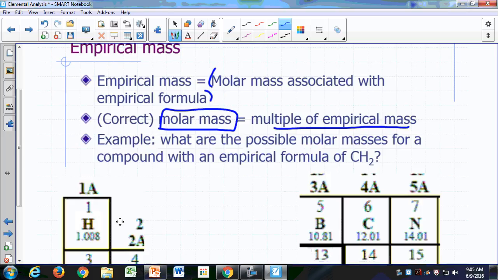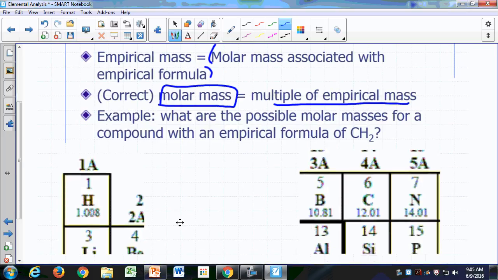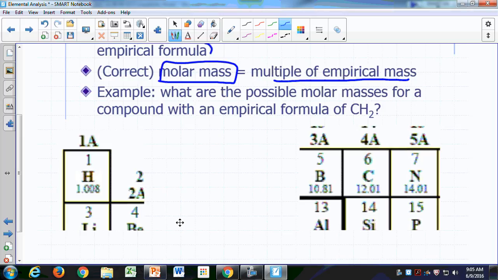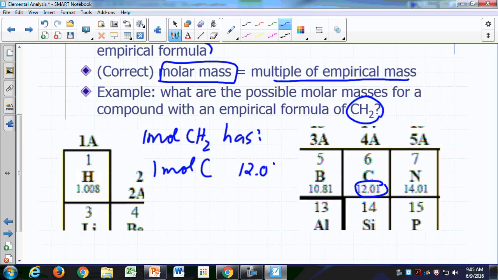So what are the possible molar masses, for example, for a compound whose empirical formula is CH2? Well, 1 mole of CH2 would have 1 mole of carbon, so that's 12.01 grams, and 2 moles of H, so that's 2 times 1.008 grams.